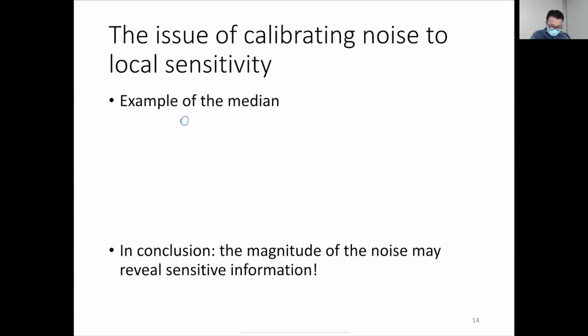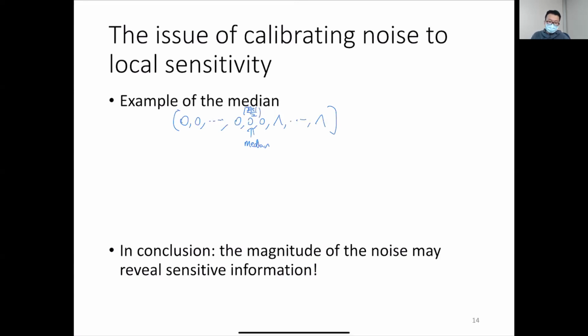Let's say we have a sorted sequence of the data set: 0, 0, 0, 0, 0, 0, lambda, lambda. Okay, so that's the data set. And now, this is your median, the order (n plus 1) over 2.